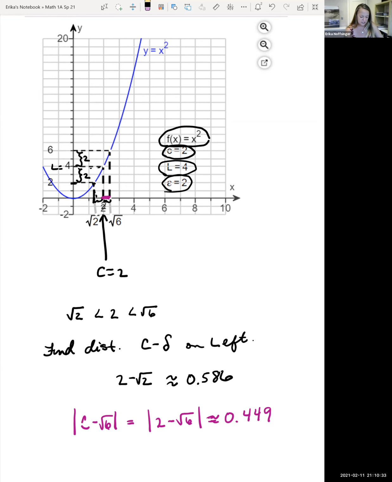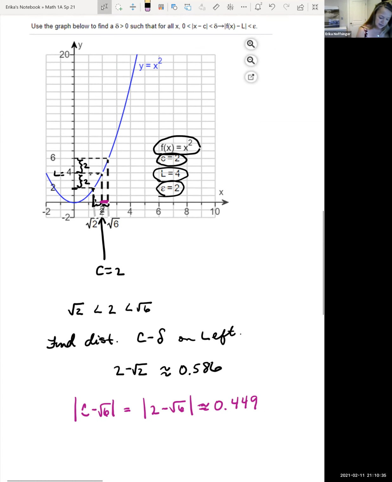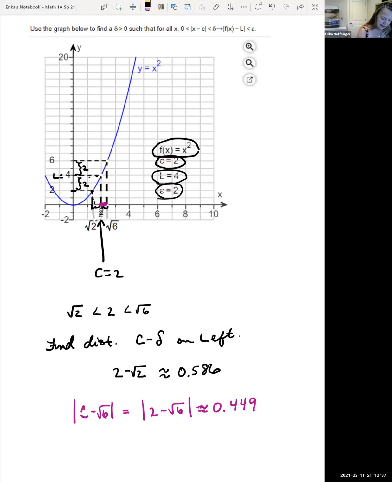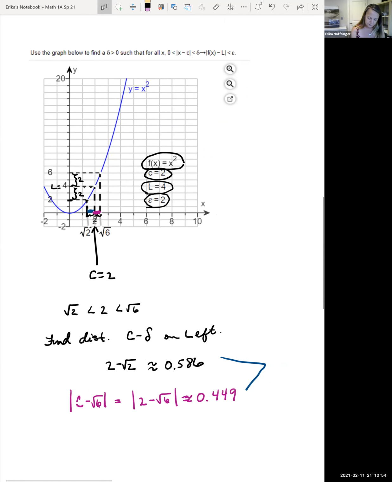Okay, so we need to choose delta to be the smaller length of those two distances, so that we know for sure that we would fall in this range here. And so you're always going to look at, if it's not symmetrical about the value x equals c, then we're going to choose delta to be the smaller of the two, to be the smaller distance.